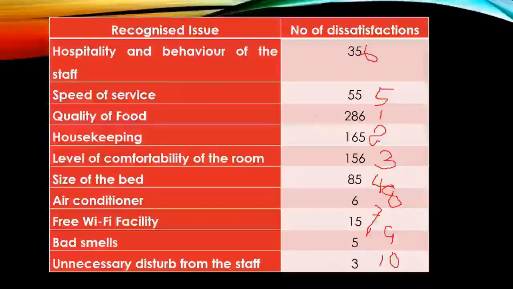With quality of food, 286 of them were dissatisfied. With housekeeping, 165 of them were dissatisfied. With the level of comfortability of the room, 156 of them were dissatisfied. Likewise, with the speed of the operation, 55 of them were dissatisfied.